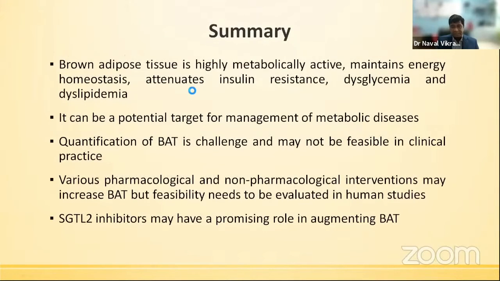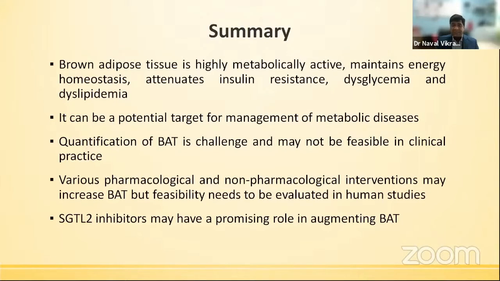So, summarizing, brown adipose tissue is a highly metabolically active tissue, maintains energy homeostasis, and has several beneficial metabolic effects. It can be a potential target for management of metabolic diseases.